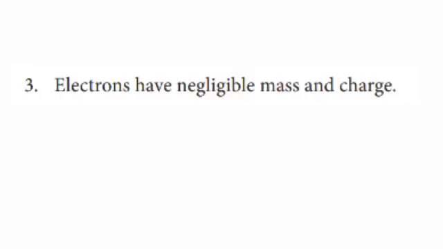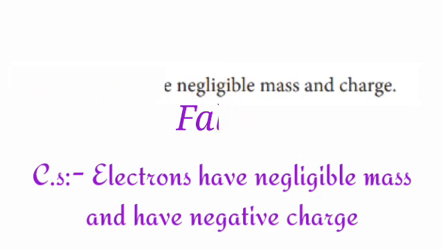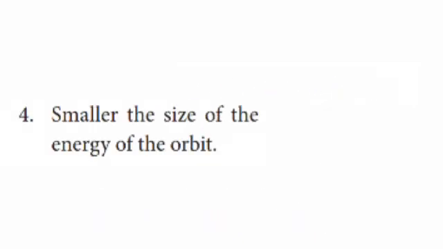Question number 3. Electrons have negligible mass and charge. The answer is false, because electrons have negligible mass and have negative charge. Question number 4. Smaller the size of the orbit, lower is the energy of the orbit.